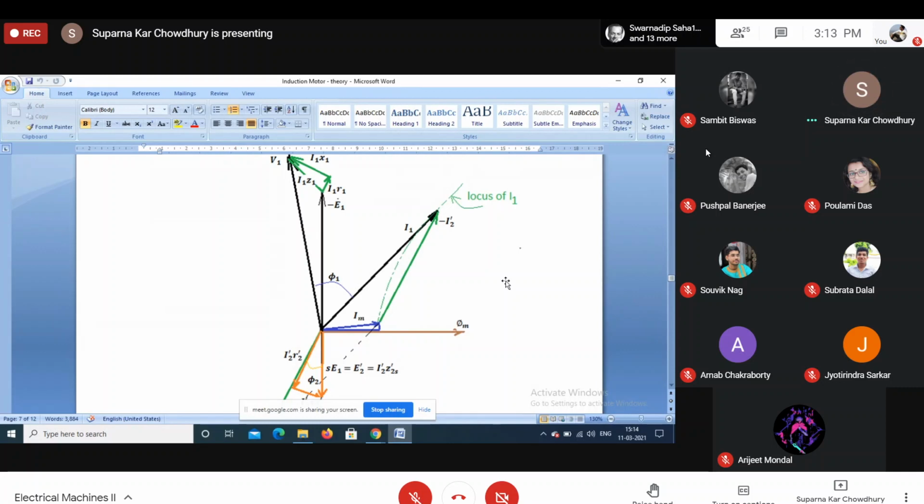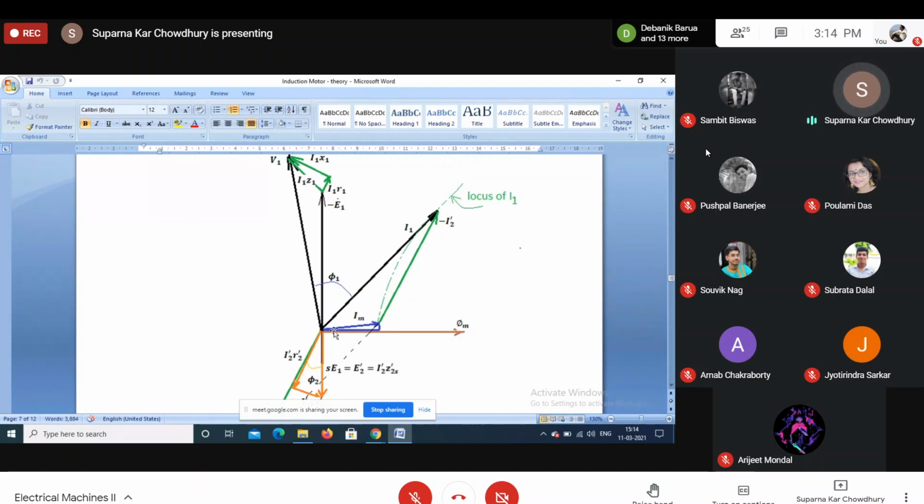As the BH curve is non-linear and there is a hysteresis loop, we know there will be an angle between this current and the flux, which is the hysteresis angle.